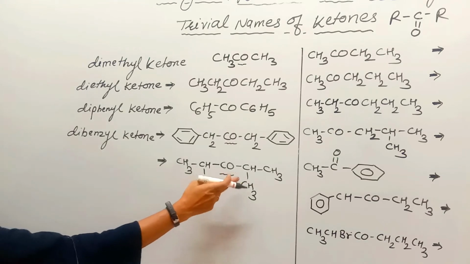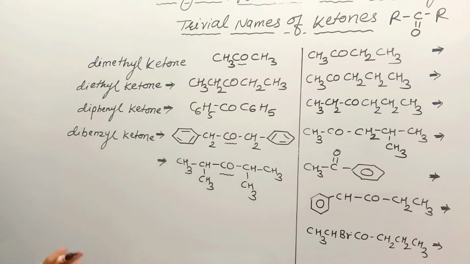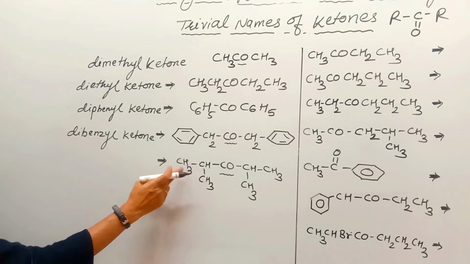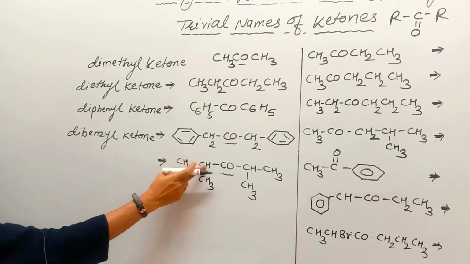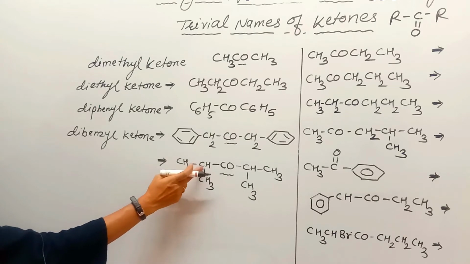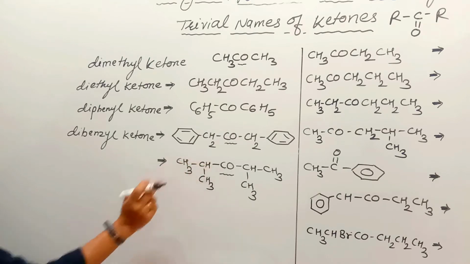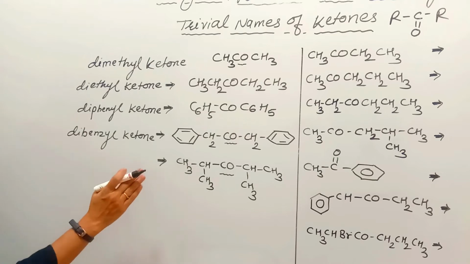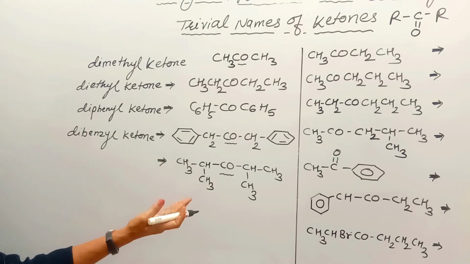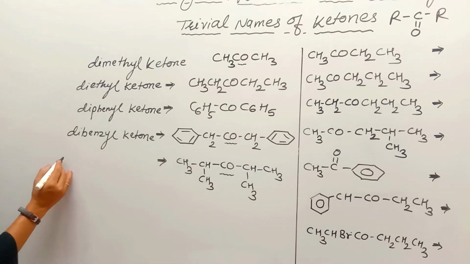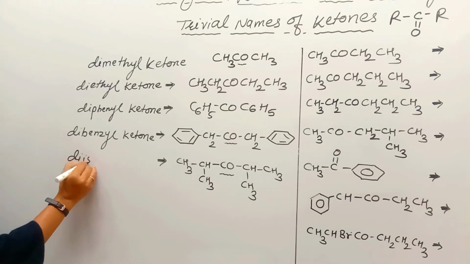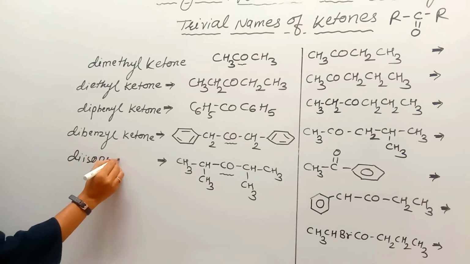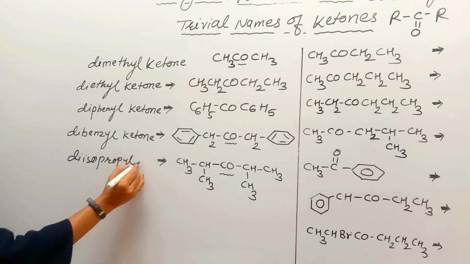On this side also, 1, 2, 3, meaning a propyl group. But the 3 carbons are not in a straight chain. That's why this is isopropyl. The second carbon, the secondary carbon, is attached to CO. So isopropyl, isopropyl. That's why I will write 2 times isopropyl groups. So diisopropyl ketone.